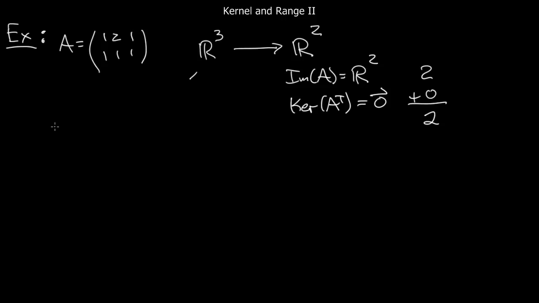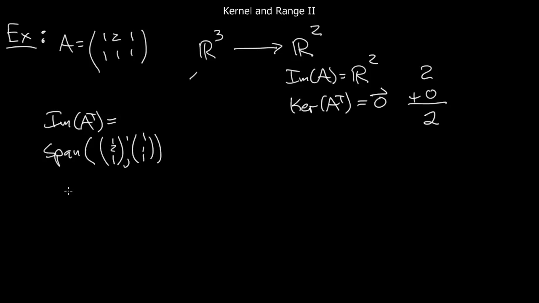But now let's look at the other side. This is a little different. Now, what's the image of A transpose? Well, the image is the span of 2 vectors, (1, 2, 1) and (1, 1, 1). And they're linearly independent, so it's 2-dimensional. And what's the kernel of A? Well, now you have to do Gaussian elimination.